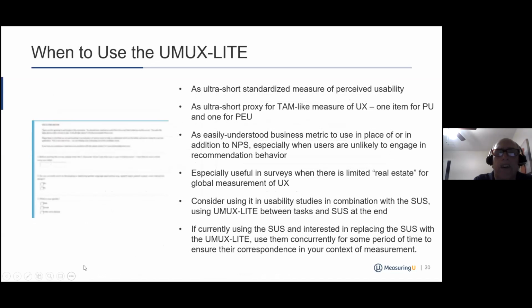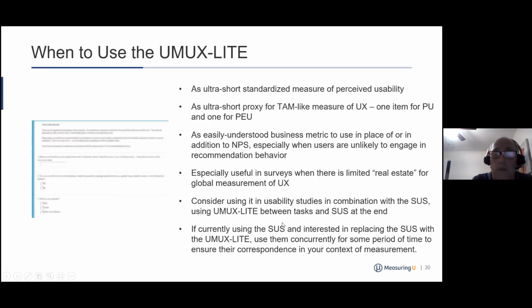It is a fairly easily understood business metric that you can use either in place of or in addition to Net Promoter Scores, especially when users are unlikely to engage in recommendation behavior, because that's what drives people crazy, when you ask me to recommend and recommendation behavior isn't appropriate. It's useful in surveys when there's limited real estate, and we found it to be useful in usability studies as well.